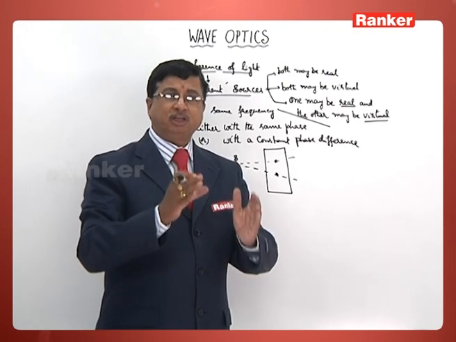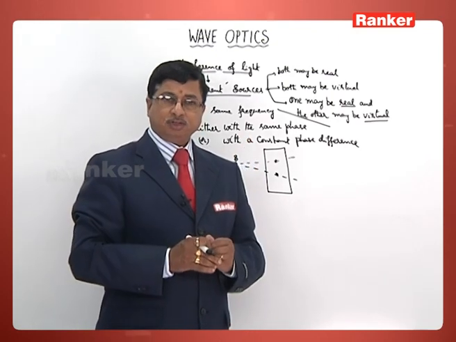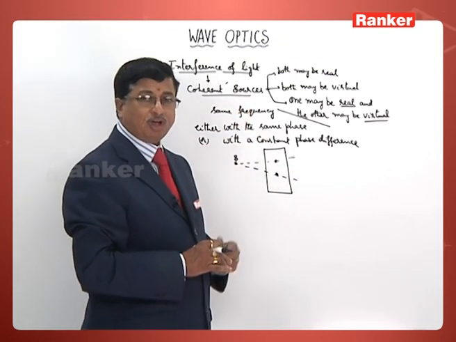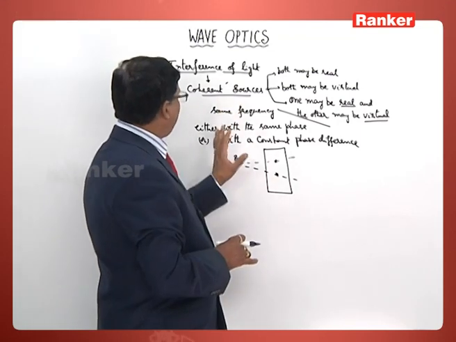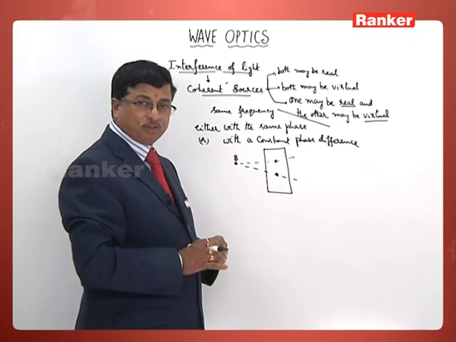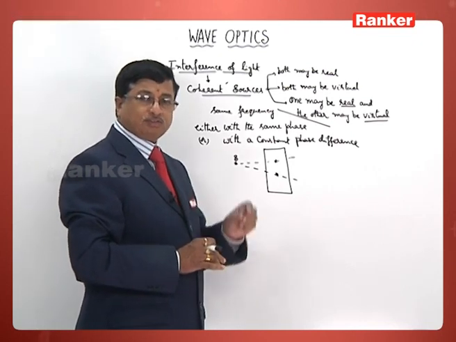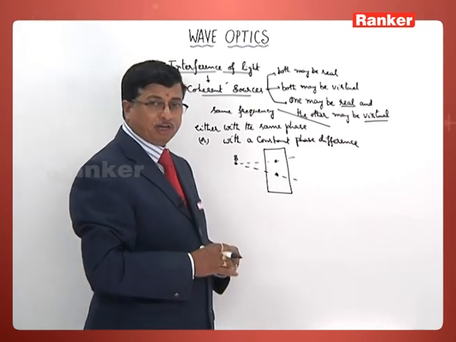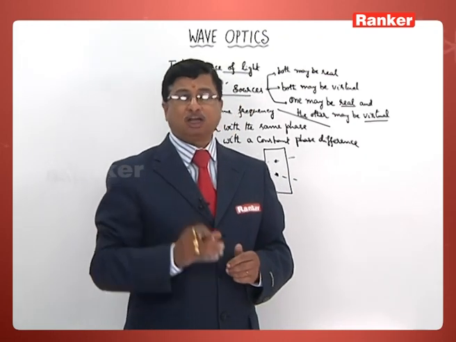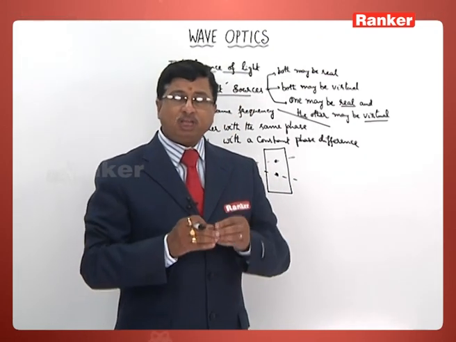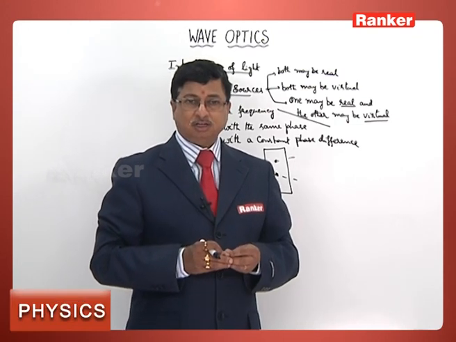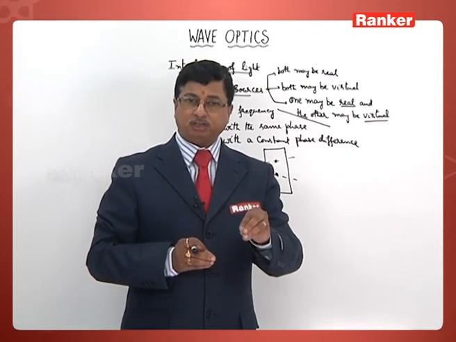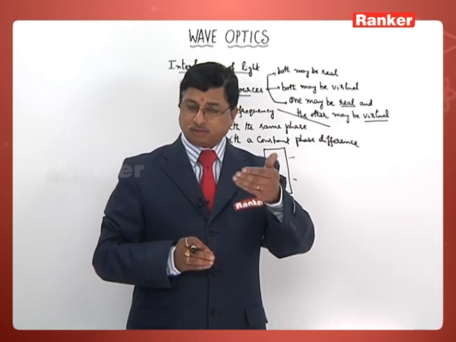These are the conditions for obtaining coherent sources of light. And one needs a pair of coherent sources for observing a sustained and perfect interference pattern, in which we find alternate bright and dark bands. Now, what is the principle behind that? And what are the conditions for bright bands or dark bands obtained at a point on the screen? Let us now discuss in a detailed way.